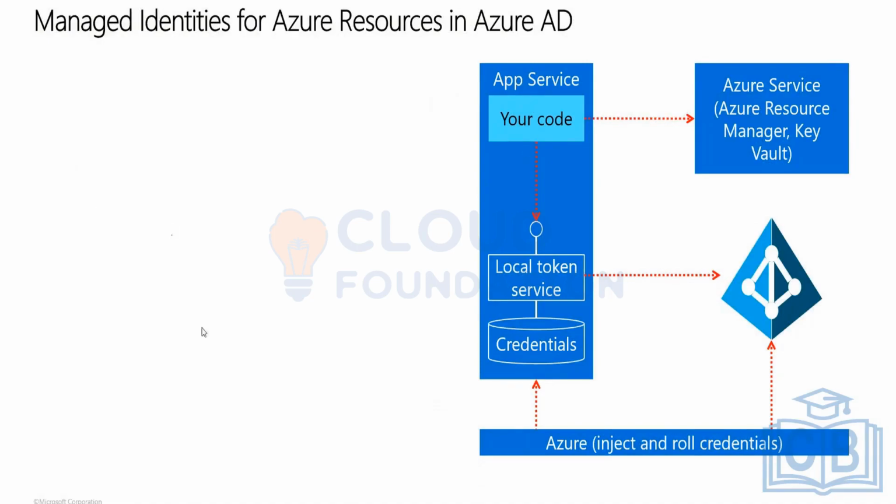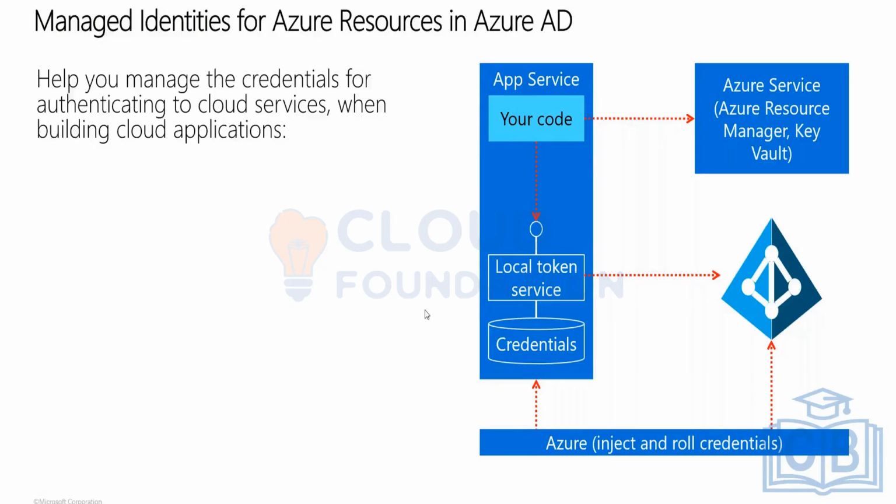If you look at the way it works in terms of managed identities, you'll have your code, right? And once it comes to managed identities, here we are not specifying any details directly saying that through our code we are getting connected to the environment.